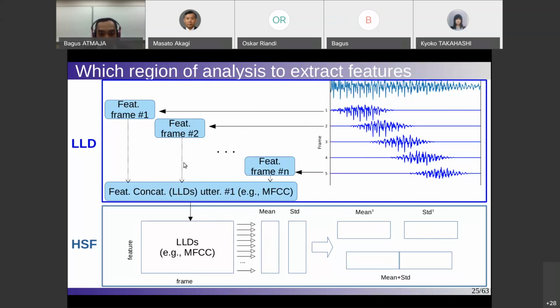For example, for MFCC or F0, I just calculate the mean value of F0 or MFCC. So not using all frames. And using another calculation like standard deviation, I also calculate similarly. So I only have 100 features here instead of 3,000 multiplied by 100.